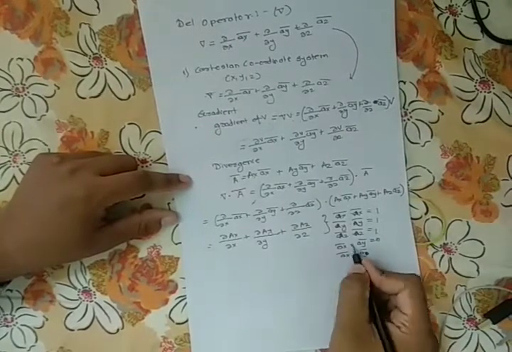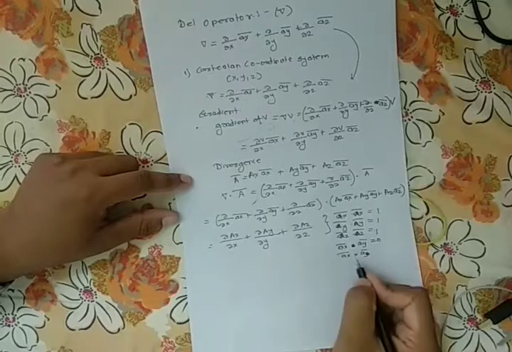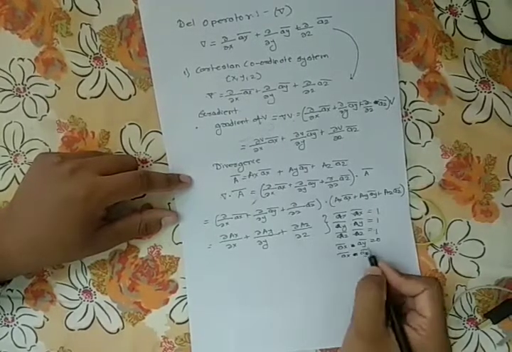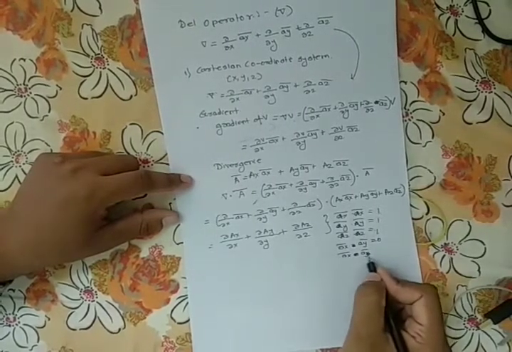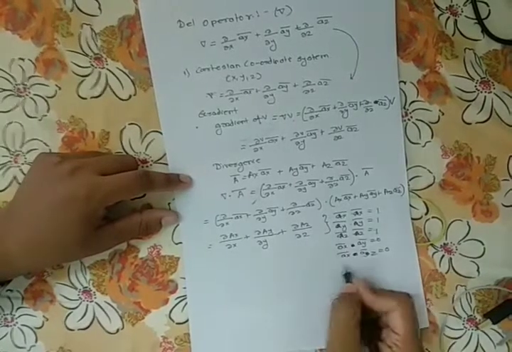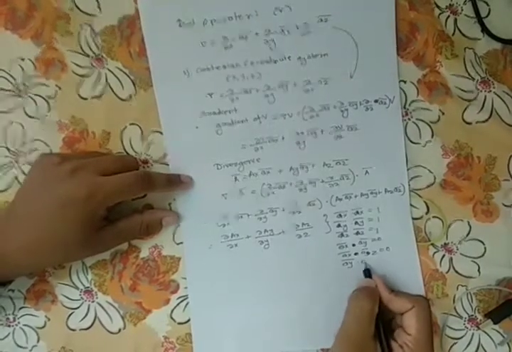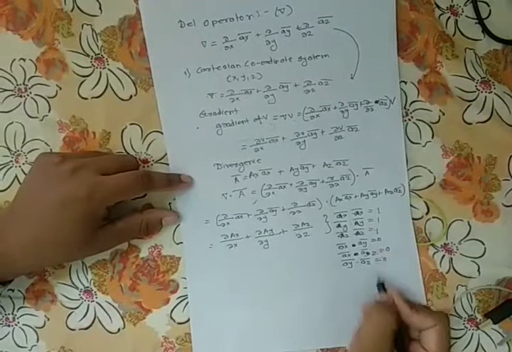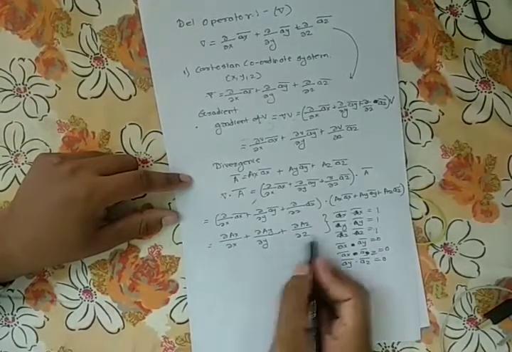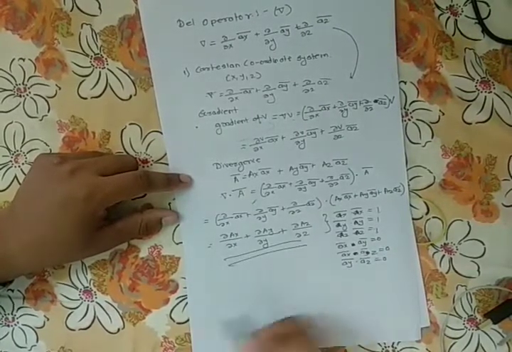Sorry, dot product: ax bar dot ay bar is 0, ax bar dot az bar is 0, and ay bar dot az bar is 0. So like that we have to calculate, and this is the way we can get this divergence.